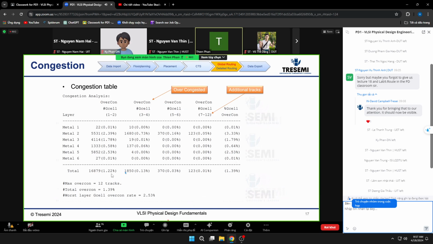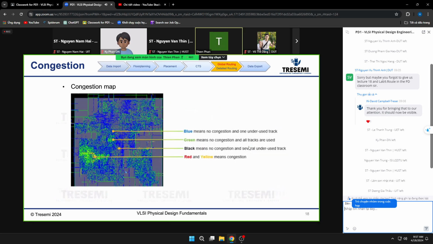Okay, so I will try to do one more, and I think we're gonna take a break after this. We look at that table, but it's way better to look visually at where the congestion is, right?